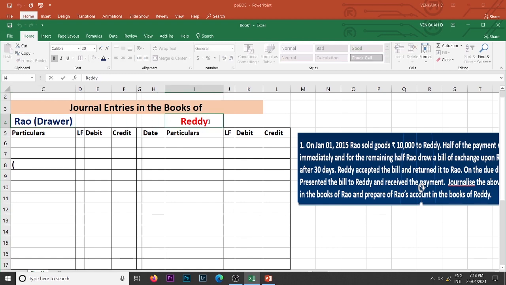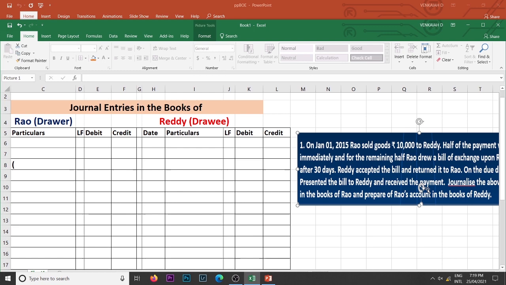The one who receives and accepts the bill is the drawee. The date of the bill is 1st January 2015, the term is 30 days, 1 month, and the parties are drawer Rao and drawee Reddy. The bill is drawn, Reddy accepted it and returned it. On the due date, the bill was presented to Reddy for payment.